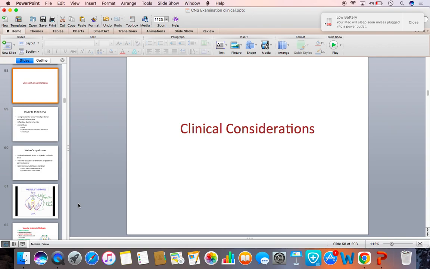The basilar artery is formed by the joining of two vertebral arteries at the lower margin of the pons. It runs in the midline of the pons and divides into posterior cerebral arteries at the upper border of the pons.